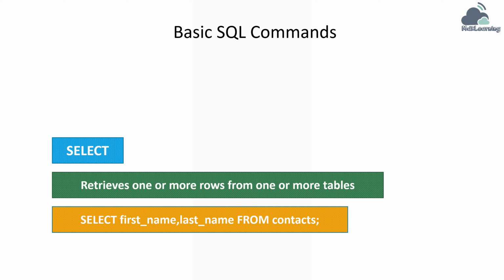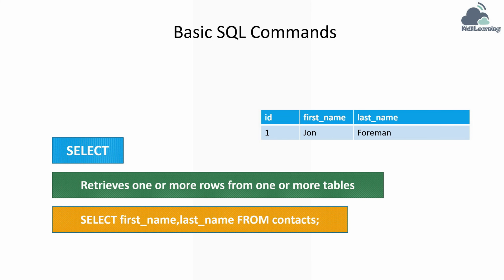So we take this statement to say, please give us the first_name and last_name columns from the table named contacts. And this is what the result set would look like.